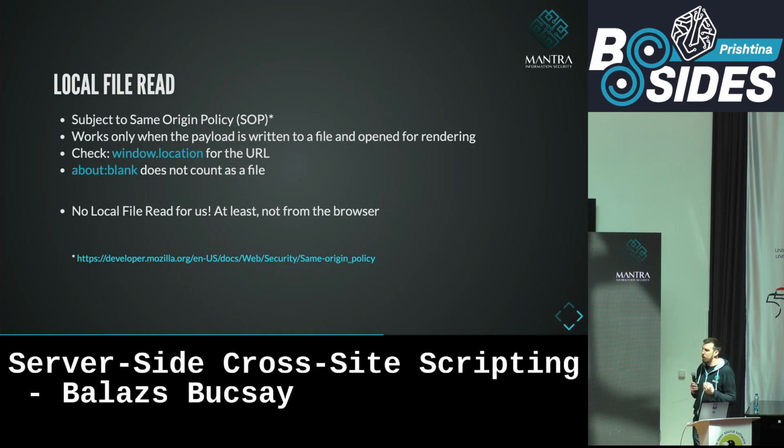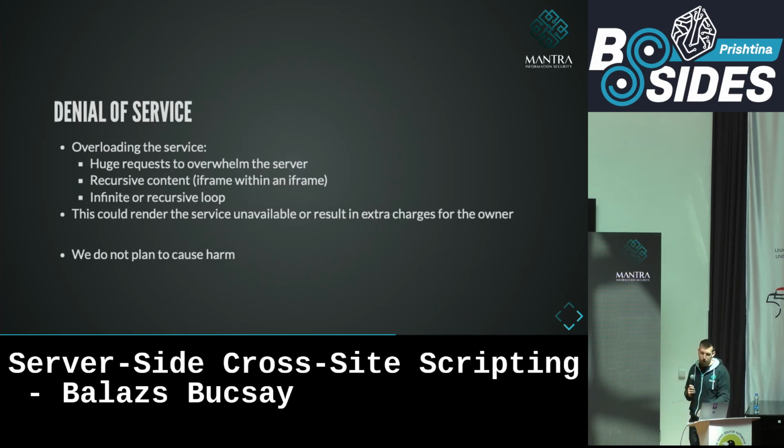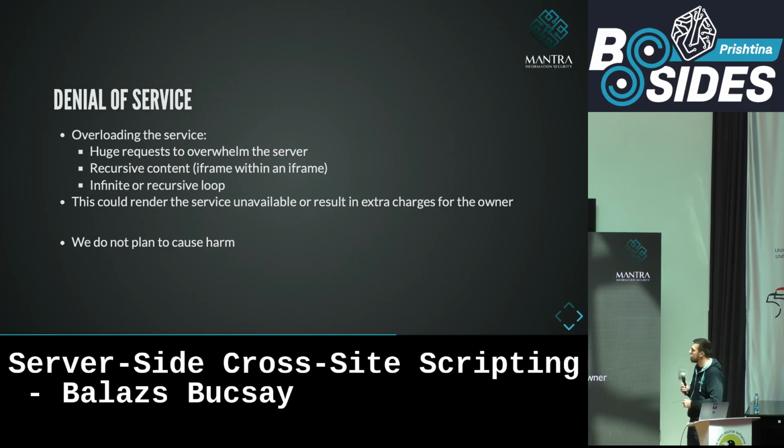So here you can only read files if the payload comes from the file. So if whatever I send to the server, to the Docker container, is written into a file, and that file is being opened by the headless Chrome browser, then you can do local file read. I need to note that about:blank doesn't count as a file. So we will see later whether we have local file read or not. I'm going to do the demo for that.